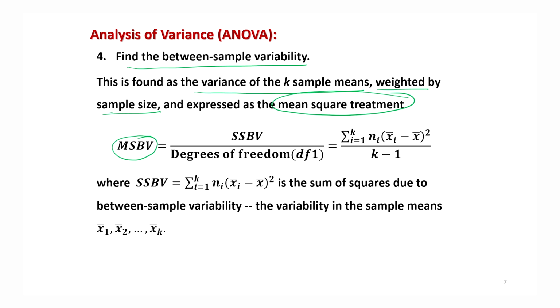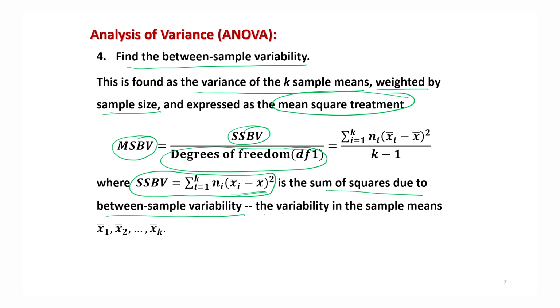It is just for the sake of understanding, right? In general, you will see this is also called the mean square due to treatments. So the mean square due to between sample variability is defined by SSBV divided by the degrees of freedom, right? SSBV, the sum of squares due to between sample variability, is computed by this expression, which, if you try to see, involves x bar i minus x bar.